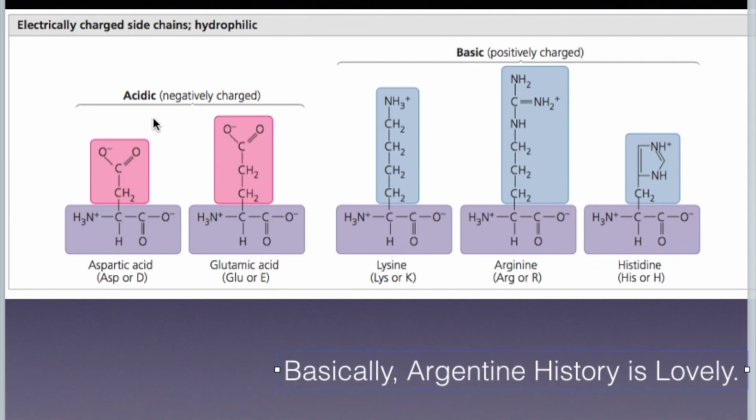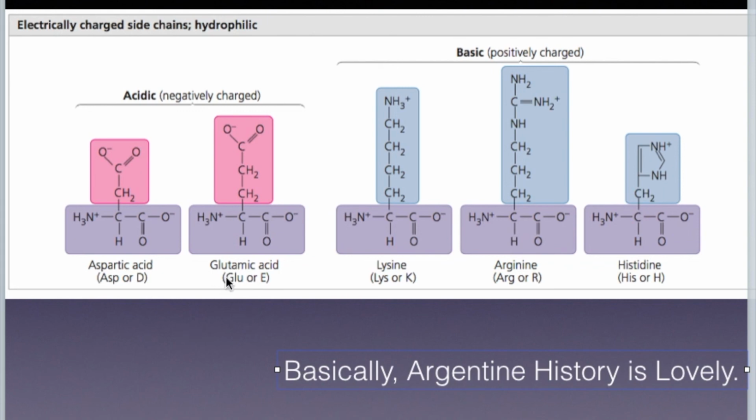In acidic, honestly, I don't have any sentence for you to remember, because come on, there are only 2 amino acids. They all have the word acid built into their names: one is aspartic acid, and the other is glutamic acid.